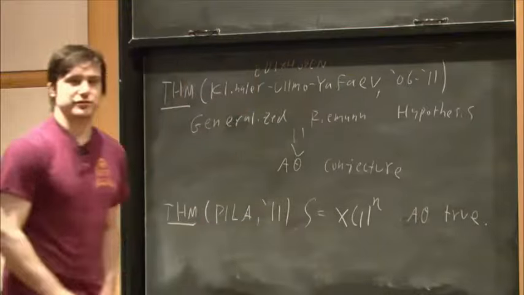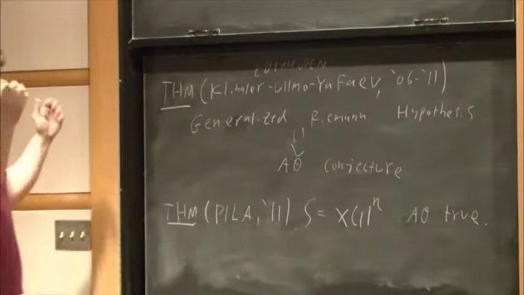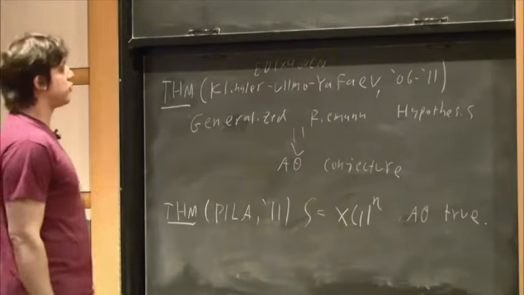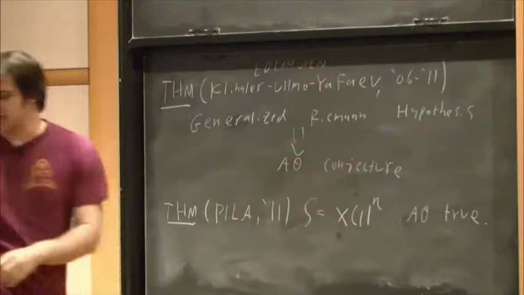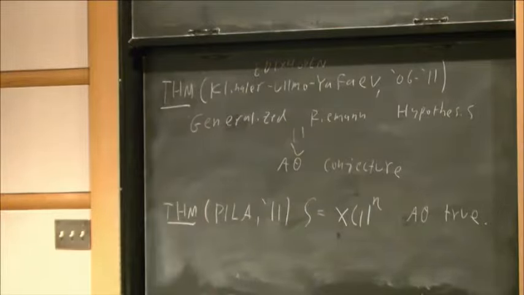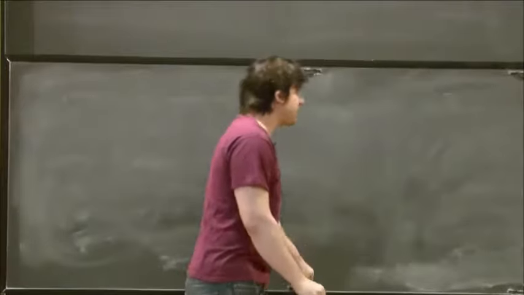So he brought in a lot of new tools, and he had a general program to prove André-Oort, which in theory could work in general, and he carried it out in this special case of X1 to the n. One of the ingredients that came up in his work is a conjecture which I think is of independent interest.